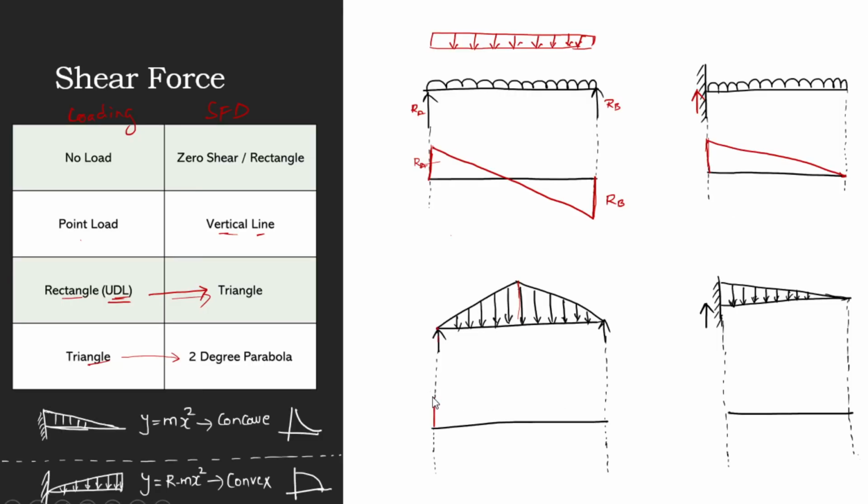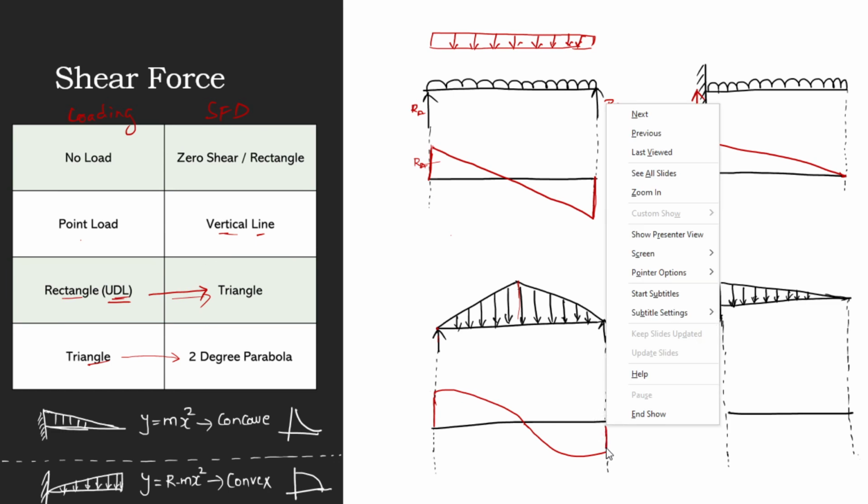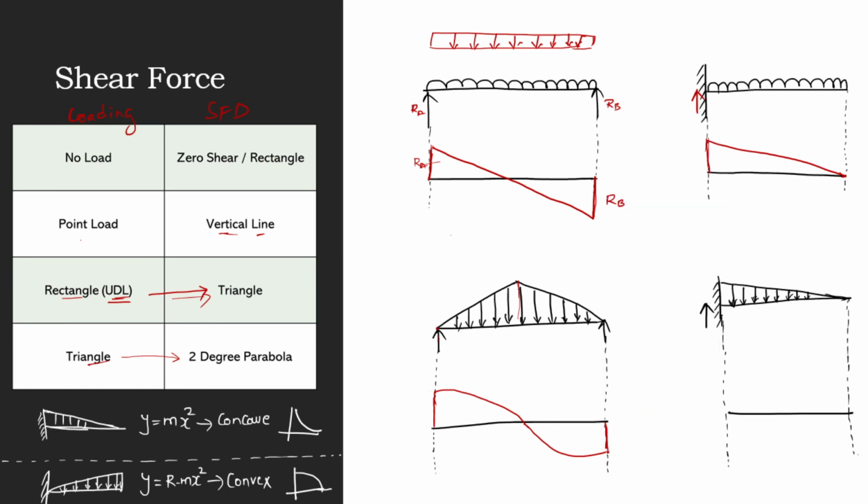So there is going to be a falling parabola here, and from this part to this part also a parabola, and again there is a reaction point load, so it will go back to the normal position. Because of this vertical line, it will become 0 again.